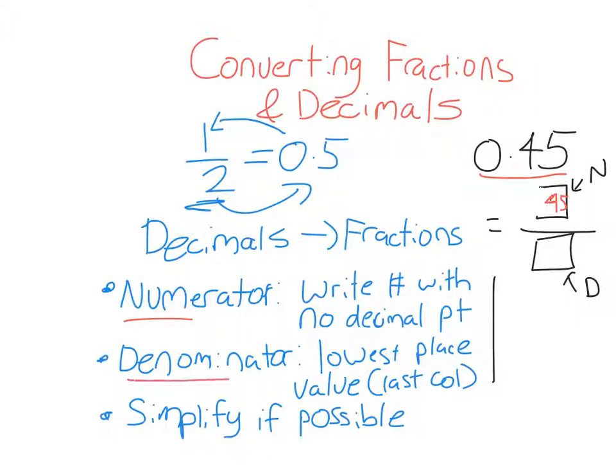For the denominator, I find the lowest place value in the decimal, which is always the last column on the right of the decimal. So 5 is in the last column of the decimal. It also has the lowest place value. Remember, for place value, the column with nothing in it would be tens, then ones, and just after the decimal point you have tenths, and this one here, the 5, is in the hundredths column.